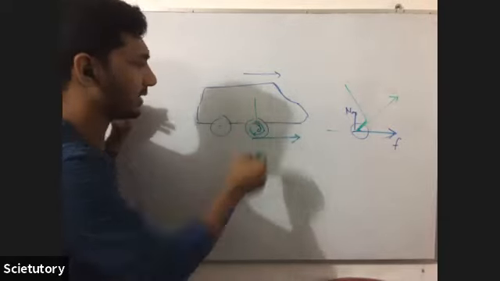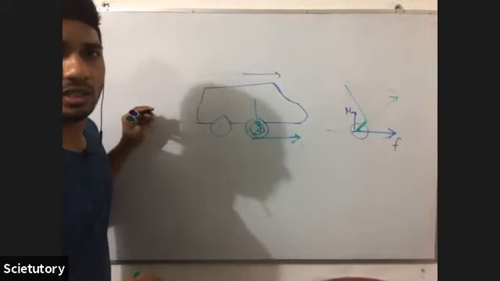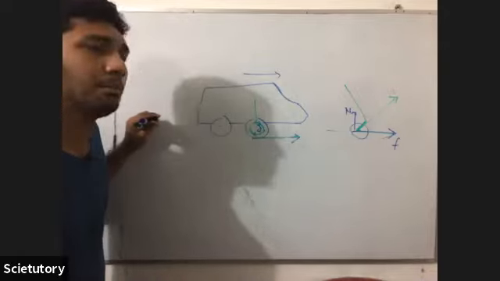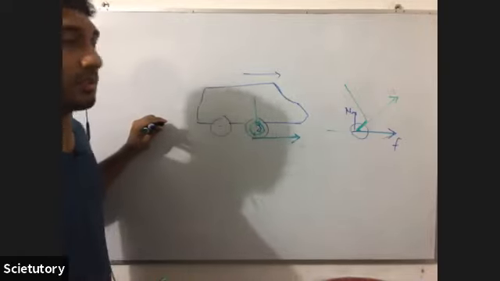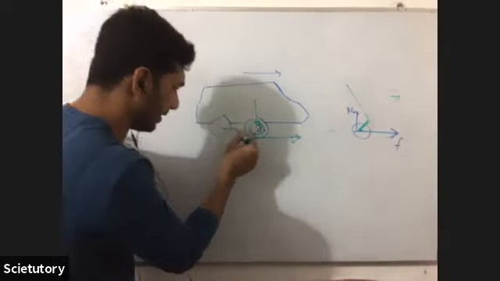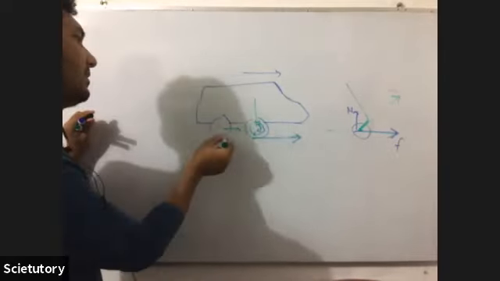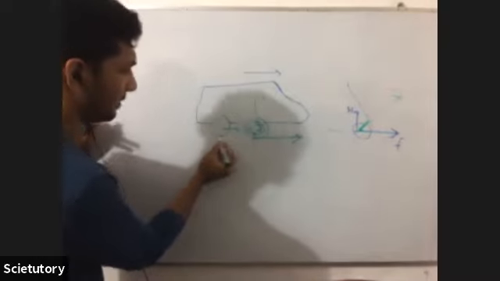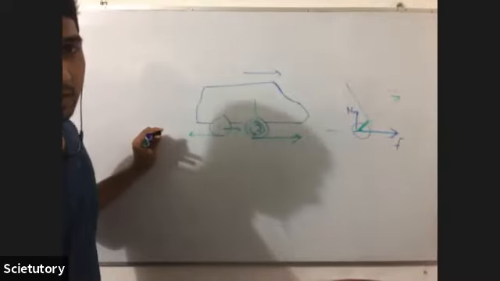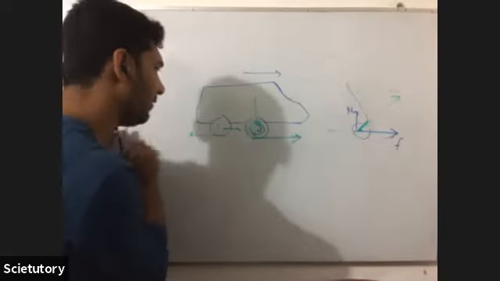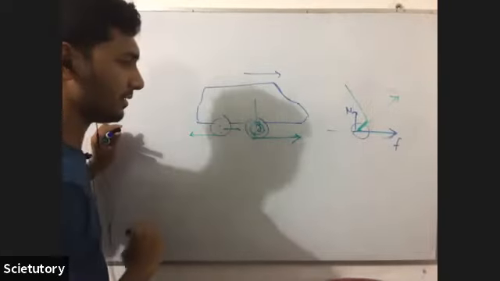So when this is connected to the engine, the rest of the car is pulled by the engine and these two wheels. So the rest of the car is actually moved like this. To oppose that, the other wheels will have friction like this. They don't have a driving force like the engine gives to these wheels.